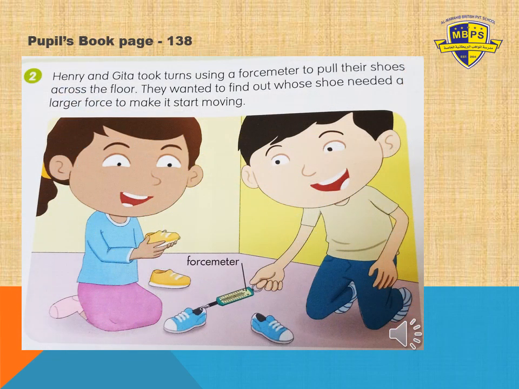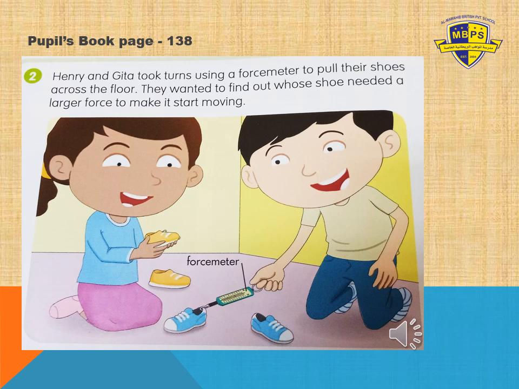We have one more exercise on pupils book, page number 138. Pause the video and open page number 138, exercise 2. We are going to do this, okay? So what is written there? Henry and Geeta took turns using a force meter to pull their shoes across the floor.